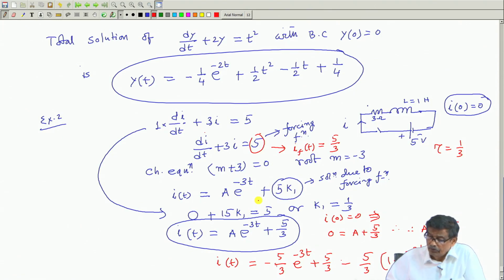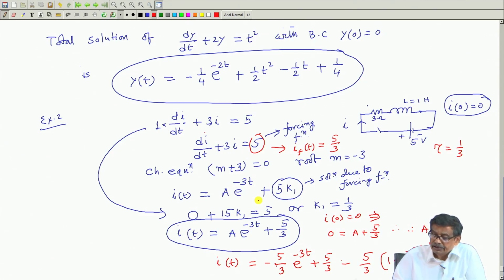Therefore, I told you how to apply, but once again I am reiterating this point very carefully: the forcing function alone satisfies the differential equation, and then it will give rise to an identity.